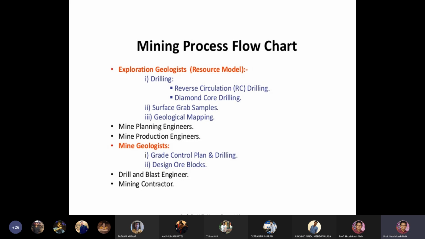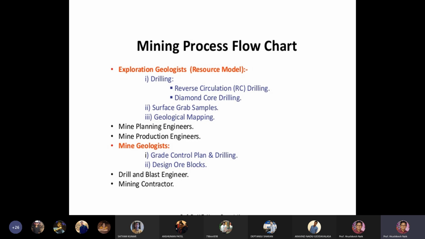These drilling methods are carried out to find out the grade of the deposit, depth of occurrence of the deposit, and quantity of deposit present in the Earth's crust. By collecting the surface grab samples, you test them in the laboratory. Then you prepare the geological map showing the deposit configuration and area of the deposit.